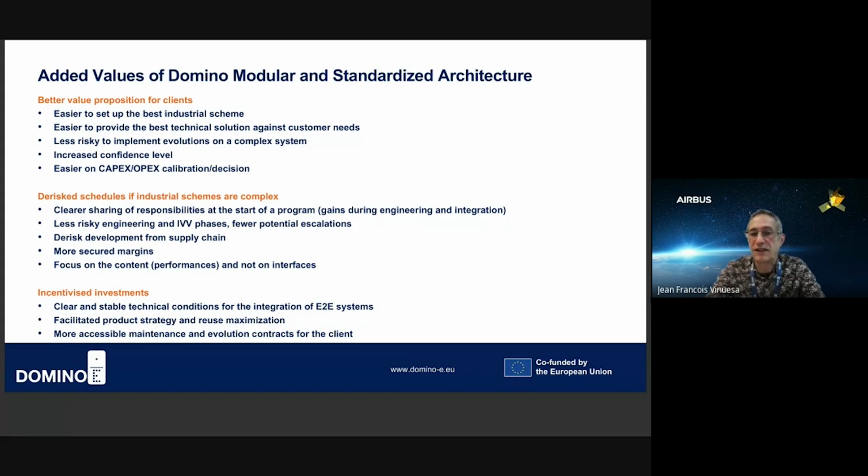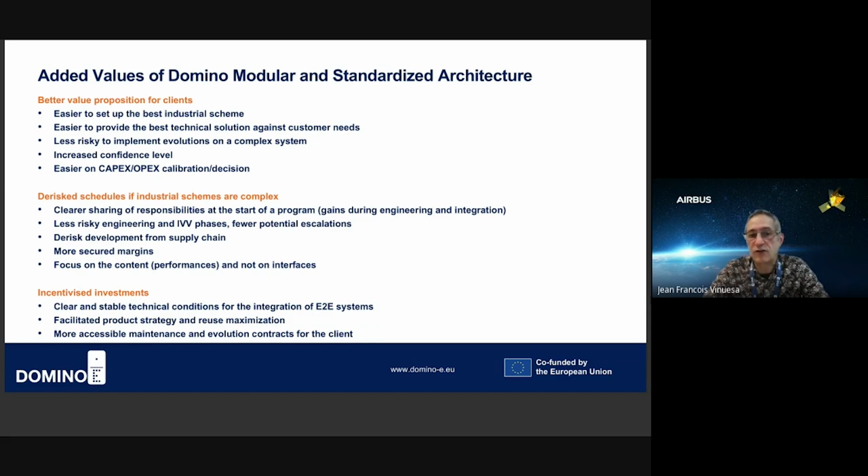Because each domino has its own IVV, and at the end you just have to do a global IVV of integration on your system without going into detail. So you have less risky development from the supply chain, and you have secure margin because each domino has its own planning, it's independent, and it does not depend on the other ones.